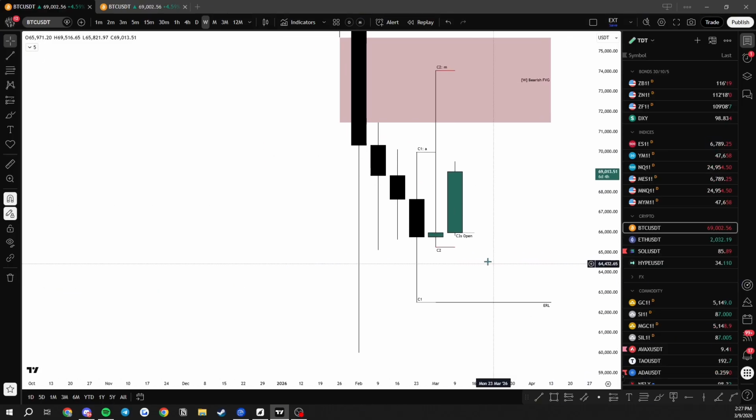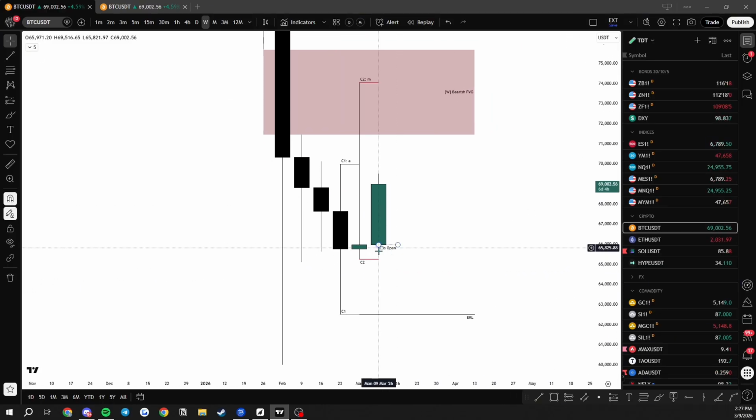As you can see, we have a very, very small wick, a tiny wick below the open. This is not going to be super supportive of the idea that we are potentially going to go lower.